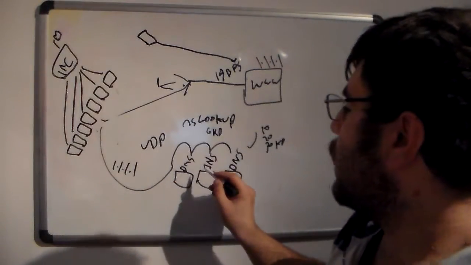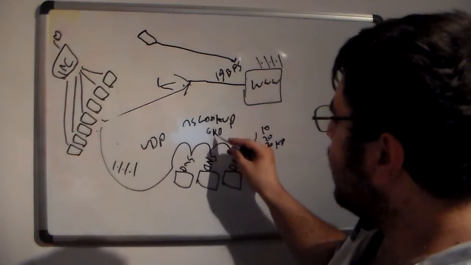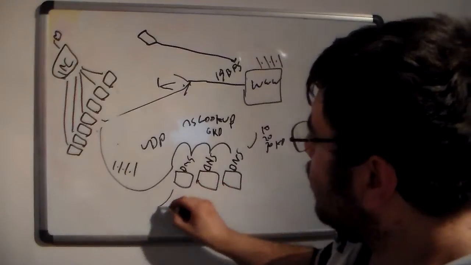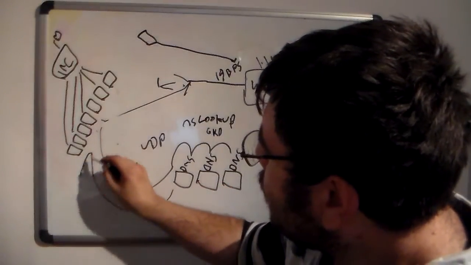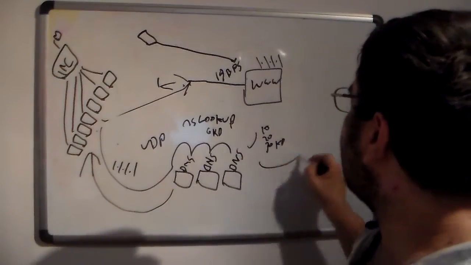The compromised or misconfigured DNS servers will respond, instead of responding to the clients here, the source address has been spoofed, so it's actually going to respond to this.